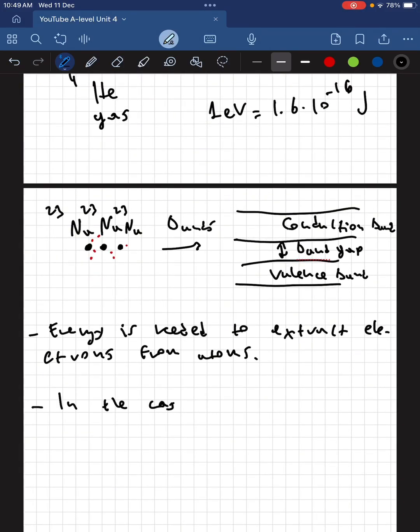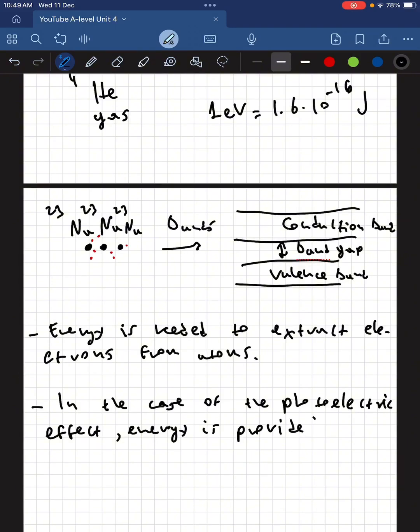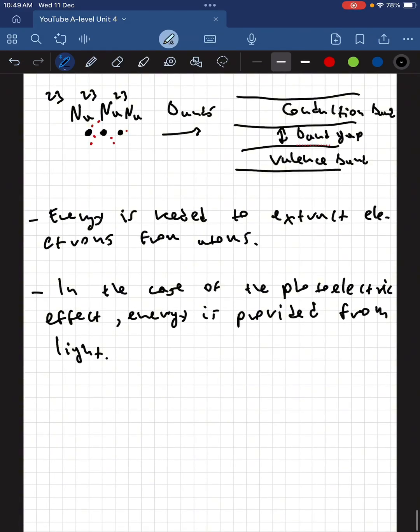In the case of the photoelectric effect, which you studied at the AS level, energy is provided from light. So you have a photon with energy h times its frequency. So this is the photon energy.